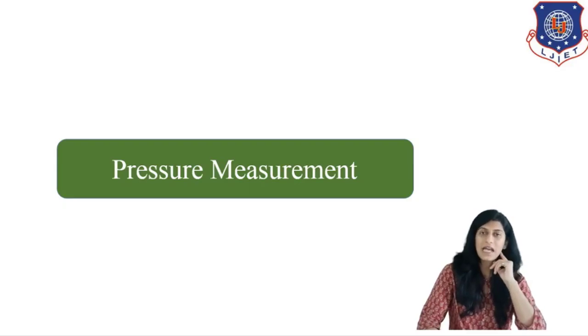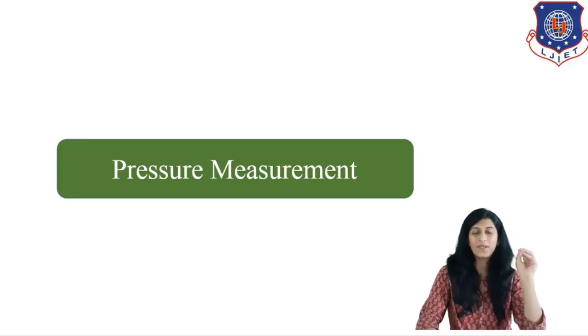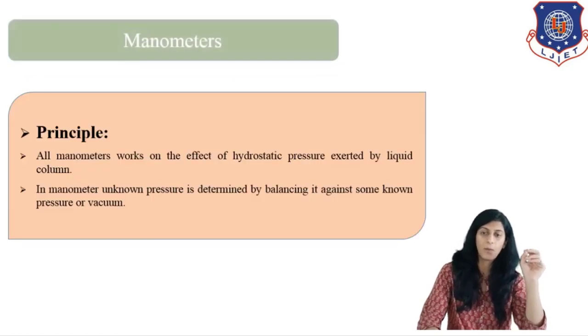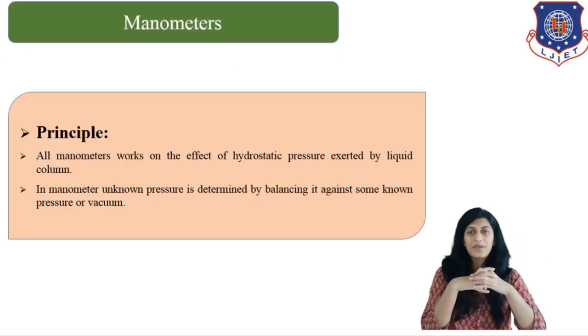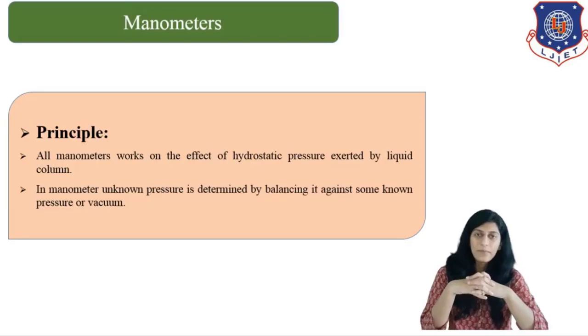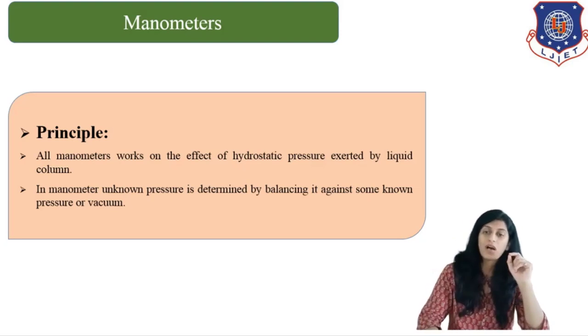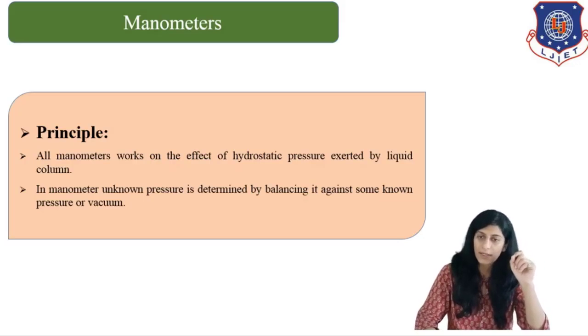Here we will start with the topic of pressure measurement. Pressure measurement mainly can be done with the simplest equipment, which is known as the manometer. Manometers are equipment which work on the principle of hydrostatic pressure exerted by a liquid column.